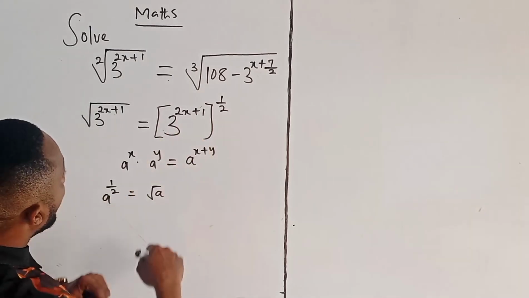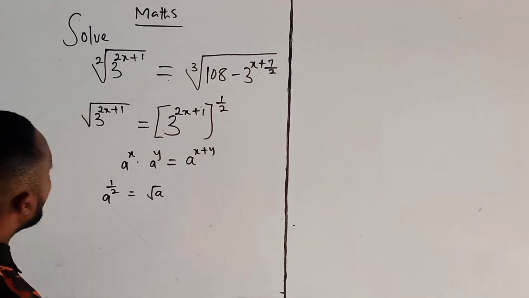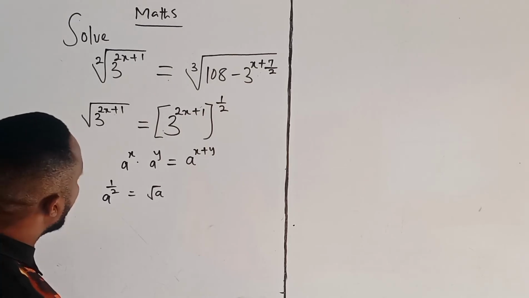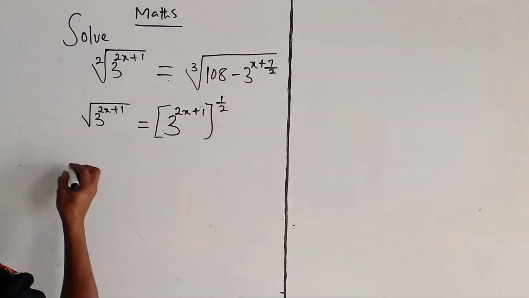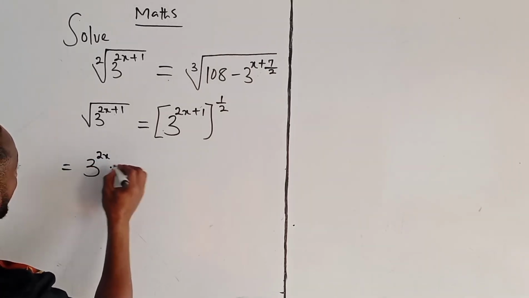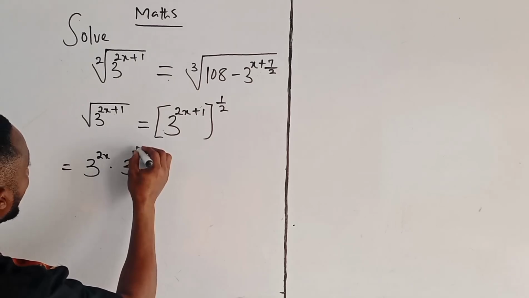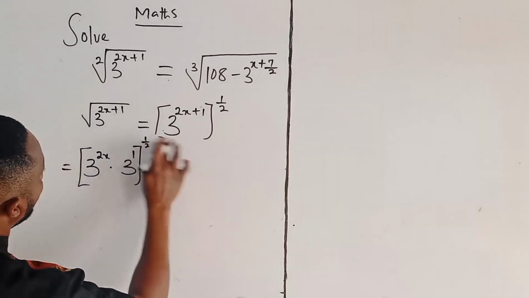So 3 to the 2x plus 1, I can use the product rule to split the exponent into 2. That's going to give us 3 to the power of 2x multiply 3 to the power of 1, all raised to the power of half.